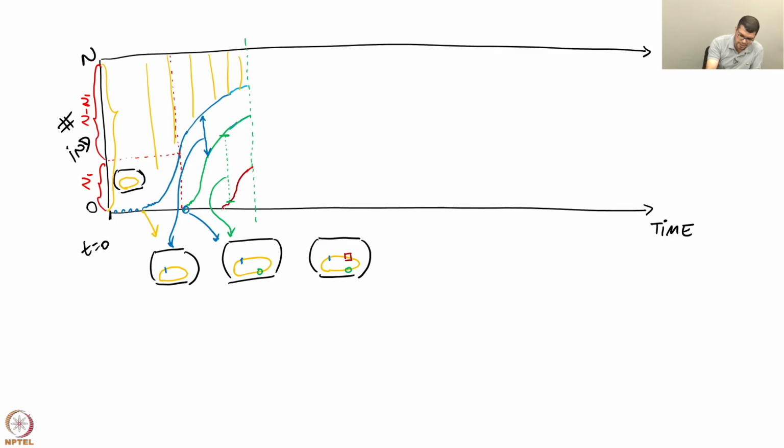And this happened at this particular point in time. So, now at this time t naught, what we have is 4 genotypes coexisting. The original genotype has this many number of individuals, let us call it N1.